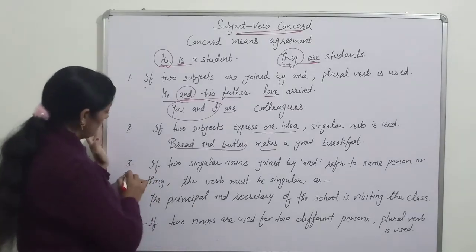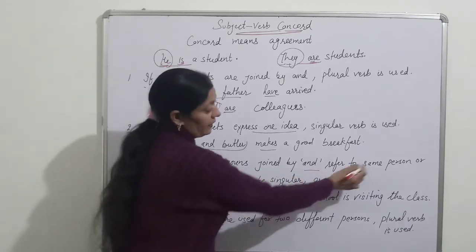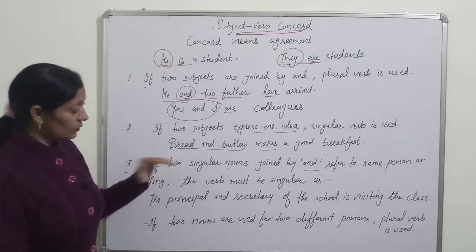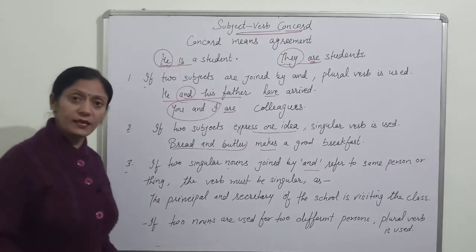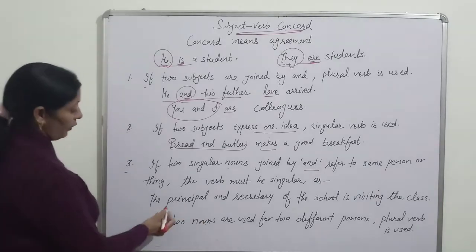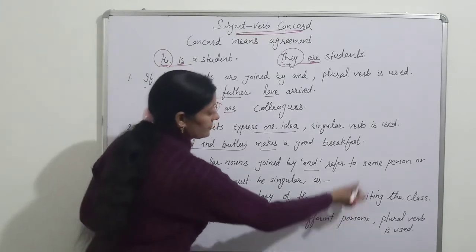So we use the singular verb. Okay. Next one. If two singular nouns joined by and refer to the same person or same thing. Suppose two singular nouns are there and they refer to the same person, to the same thing, then we use a singular verb. For example, the principal and secretary of the school is.